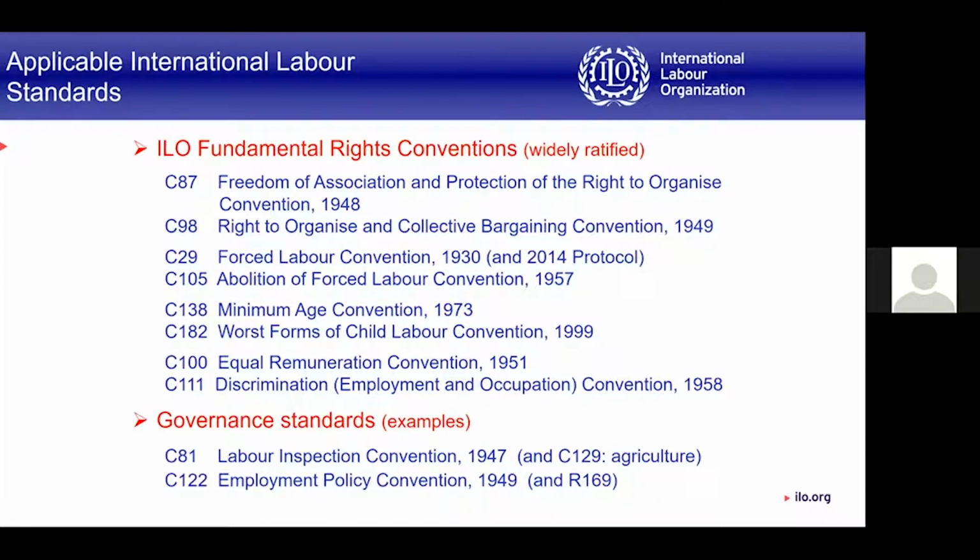And in general, talking about governance standards, we have Convention 81 on labor inspection, for example, and these too can be applied, should be applied, and must be applied to migrant workers. As a matter of fact, labor inspectors are the ones who could identify migrants who are in irregular conditions. So of course they cannot go on a hunt for irregular migrants in the companies.